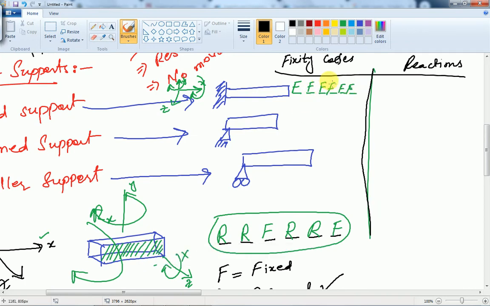So this is the fixity code for the fixed support. Now for example, if we put a force along the x-axis on this beam, how will the support react? Obviously, if there is a force applied from this beam on the support, the support is not going to move anywhere.